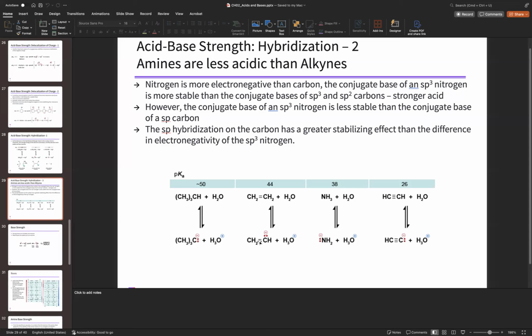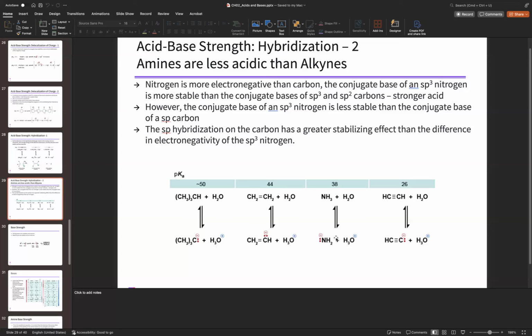This is sp2 hybridization. So here we have this ammonia-based compound, which is more electronegative than the others, more electronegative than carbon. So here we have sp2 versus, where is the other sp2? Here. This is also sp2. These are both sp2 compounds, the middle two compounds.